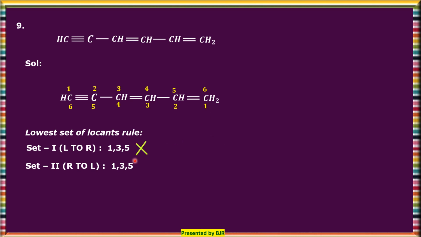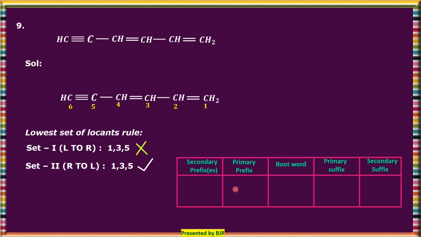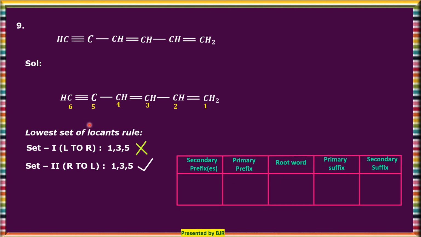So this is the wrong way of numbering and this is the correct way of numbering, isn't it? Next, root word: 6 carbon atoms are there, so it is hex, primary suffix en, yn, secondary suffix e. There aren't any substituents attached to the carbon atoms in the chain, so secondary prefixes are not there.